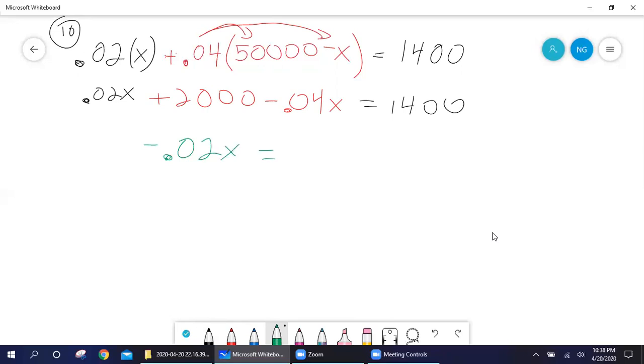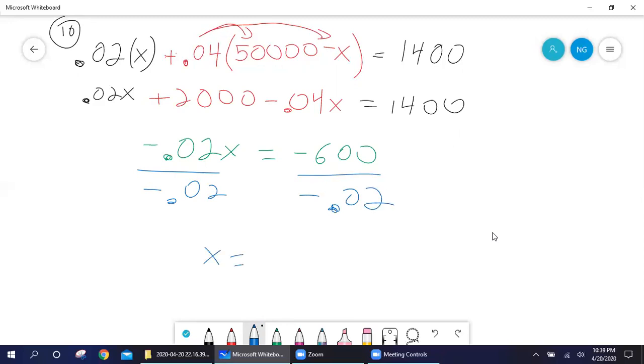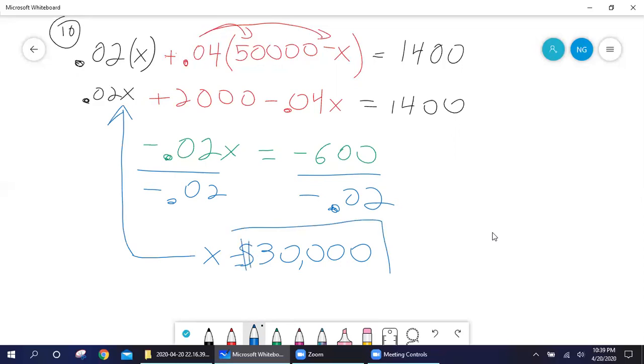Also, if I subtract over the 2,000, that's going to give me negative 600. If I divide by negative 0.02 on both sides, that will give me 30,000. That is the amount that was invested at the 2%. The question asked how much was invested at the 2%. So we're done. $30,000.